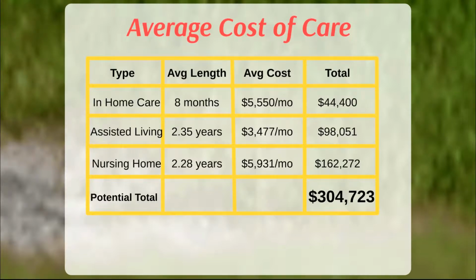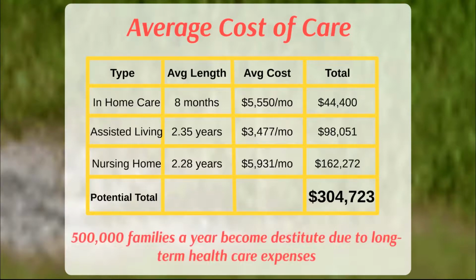For some people, the only planning they have is they're going to sell their home to pay for the long-term care event. So we want to do the maximum amount so that you're not one of the 500,000 families a year that become destitute due to long-term care expenses.